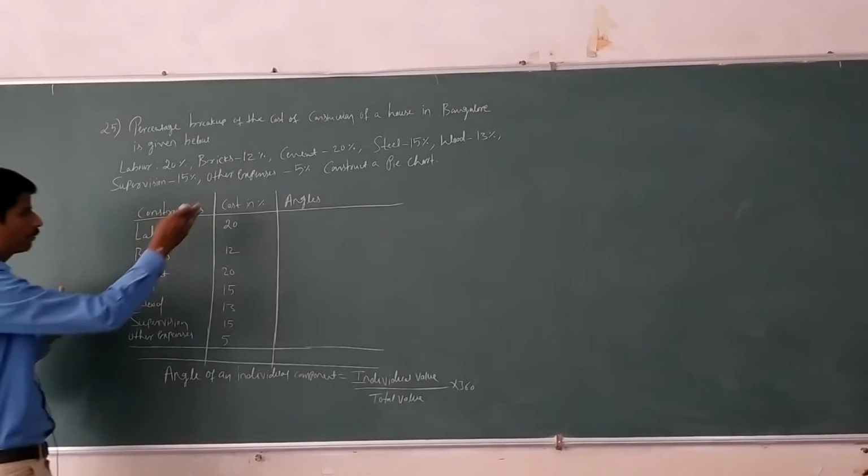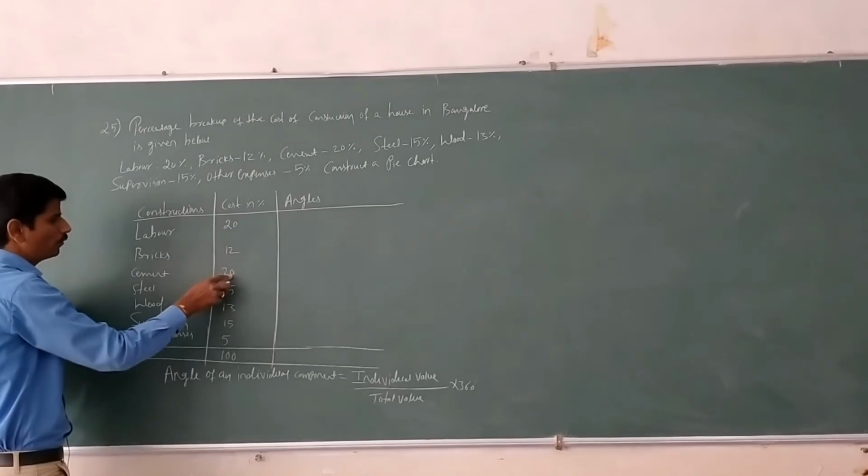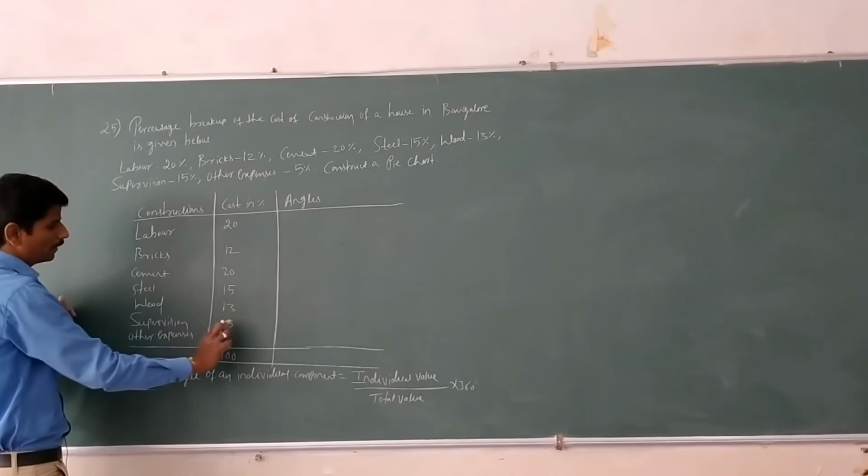So here there are percentages, and the total is 100. See here: 20, 32, 52, 67, 80, plus 20 is 100.